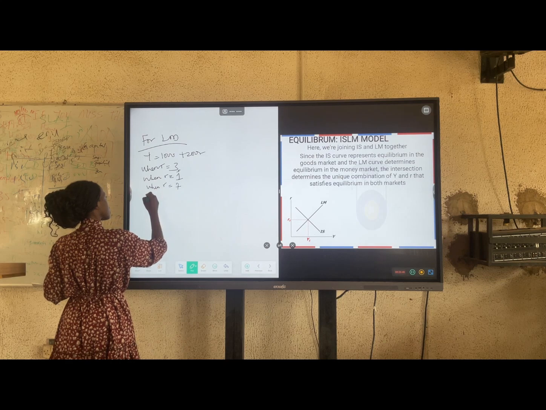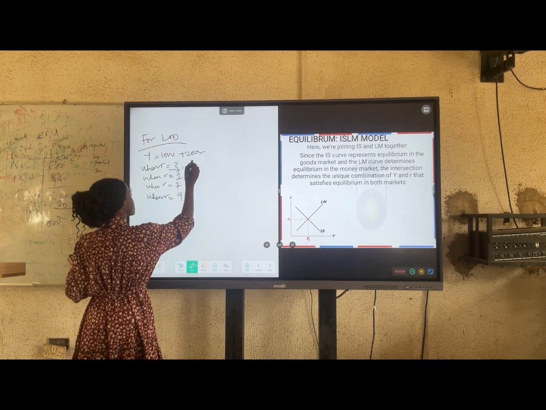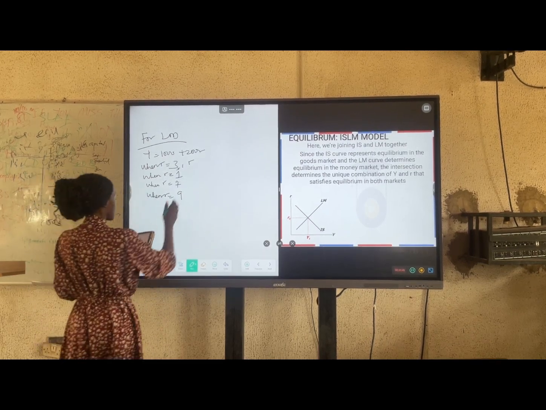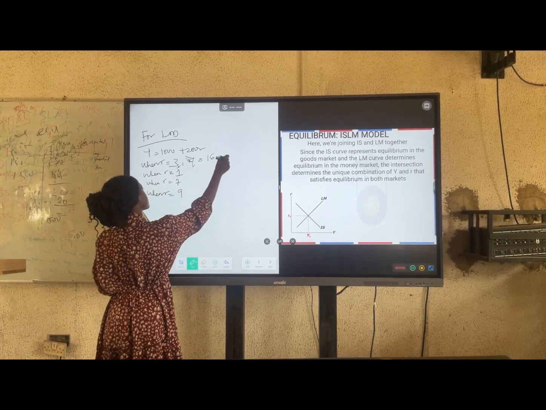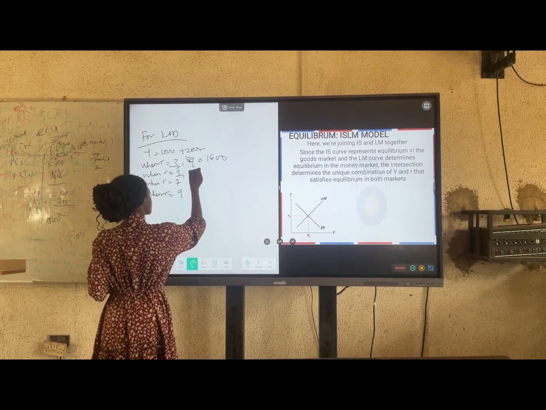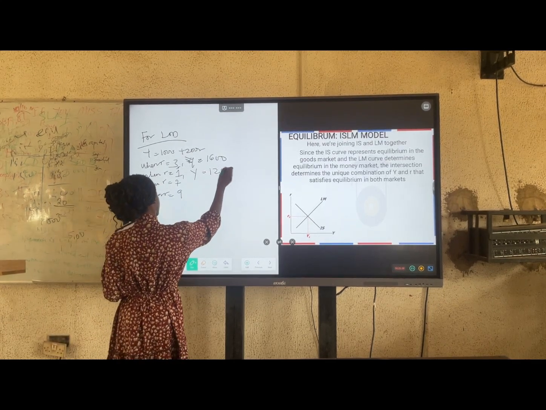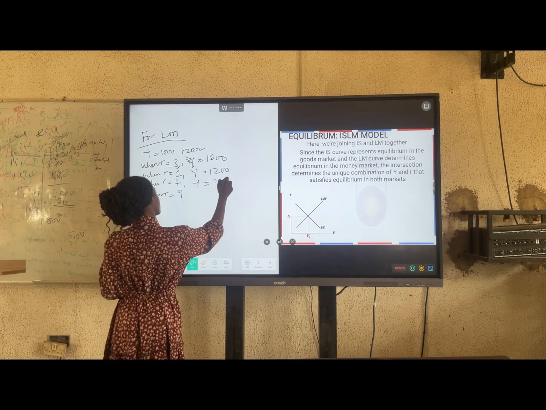Then for when R is 5, we get 2000. So when R is 3, we are going to be calculating that. When R is 3, Y is 1600. When R is 1, my Y is 1200. When R is 7, my Y is 2400. When R is 9, I have my Y to be 2800.